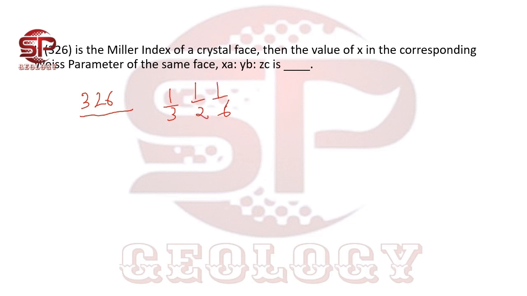We can take the LCM 6, or multiply 6 into each fraction: 6 into 1 by 3, 6 into 1 by 2, 6 into 1 by 6. So it will be 2, 3, 1. So the X place will be 2.